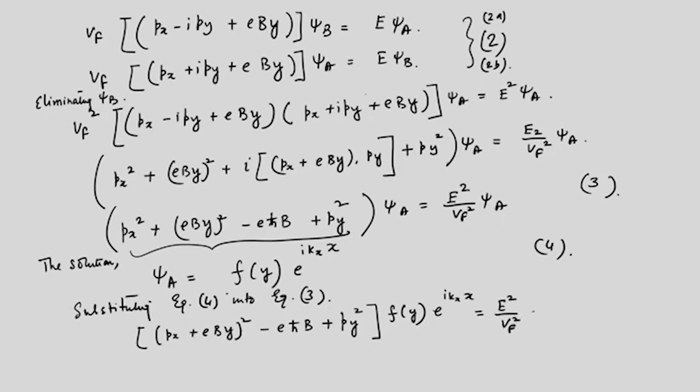v_F² f(y) e^{ikx}, and this is equal to f(y) e^{ikx}. So this is substituting that. This replaces p_x as minus iħ ∂x.